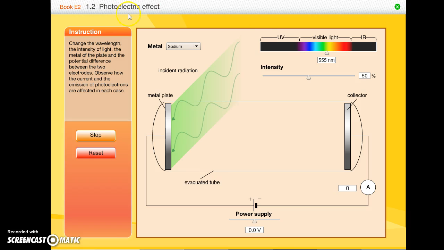Remember that simulation of the photoelectric effect, right? So now I'm using a sodium surface, and now I'm changing the color, and just now we said red is not good enough, so let's make it green. And then now I move it to the left towards violet, and when the wavelength is short enough, that means the frequency is high enough, then there are photoelectrons emitted.